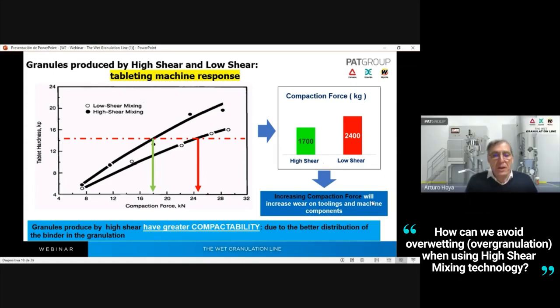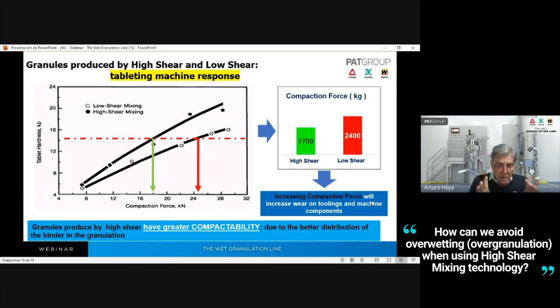Oh, okay, it's a good question, because as I said before, high shear mixing has a risk of overgranulation, overwetting. The overwetting and overgranulation must be controlled by, first, controlling the quantity of the solvent you add to the powders during the phase of wetting.